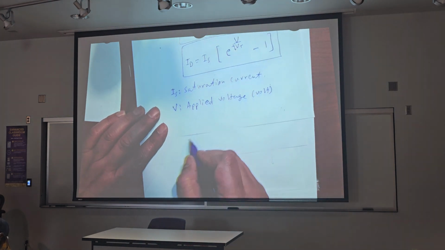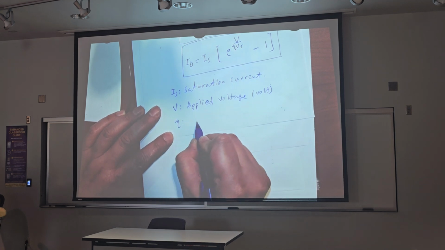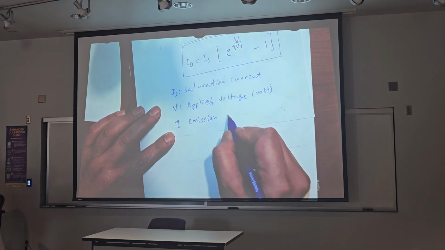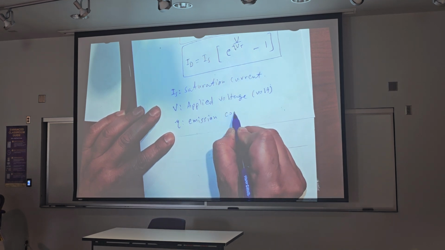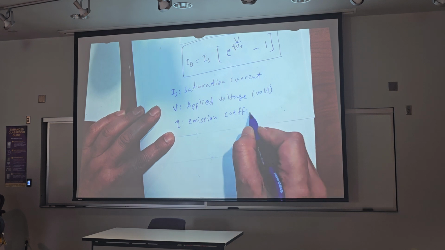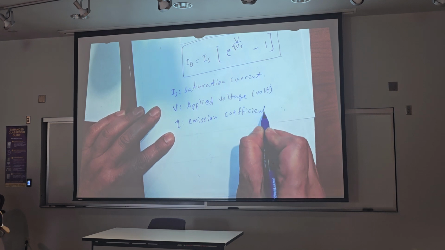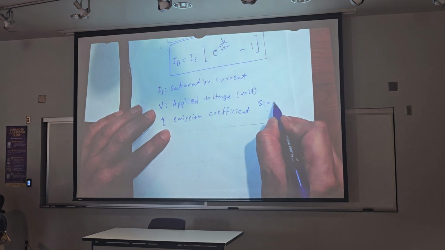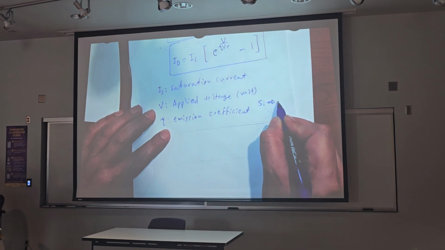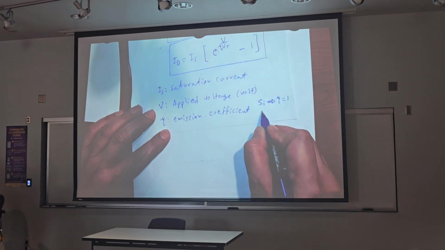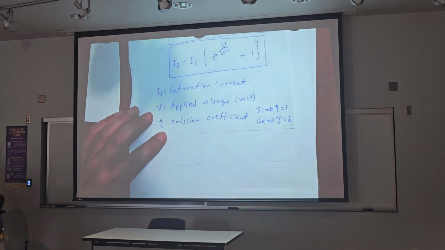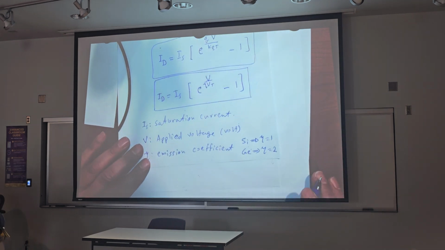And eta is the emission coefficient. Silicon eta equal 1. Germanium eta equal 2. Okay.